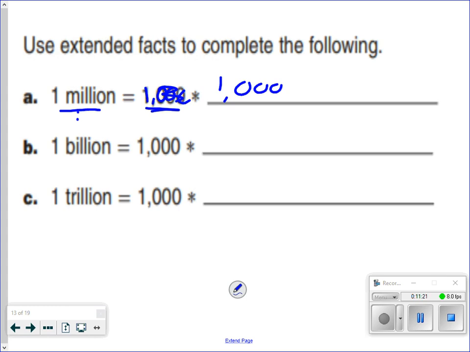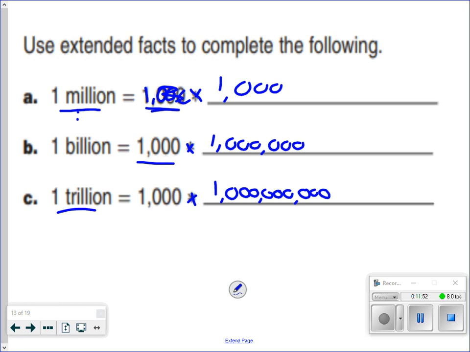Here's the next one, 1 billion. So let's write 1 billion out. This is 1 million, 1 billion. If we're multiplying it by 1,000, we can actually get rid of 3 of these zeros. So 1 million times 1,000 will equal 1 billion. Remember, these fancy little stars are actually multiplication. 1 trillion. Look at all these zeros today. Okay, that's 1 trillion. Times 1,000 equals 1 trillion.